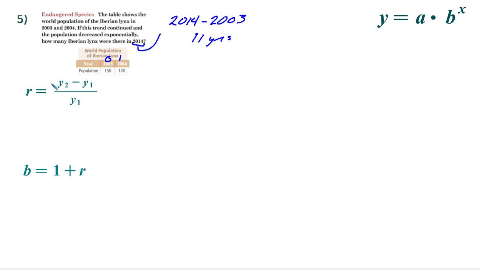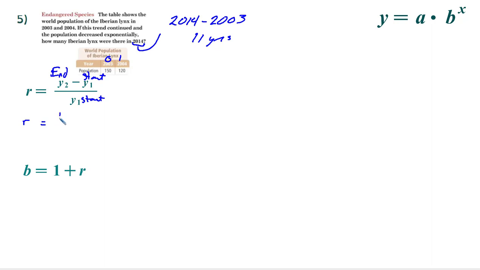The big thing to keep in mind on the rate, when you're finding the rate, this is your end amount, this is your start, and we're dividing by the start. And it can be any 2 sequential years on this rate. And so we have our sequential periods.